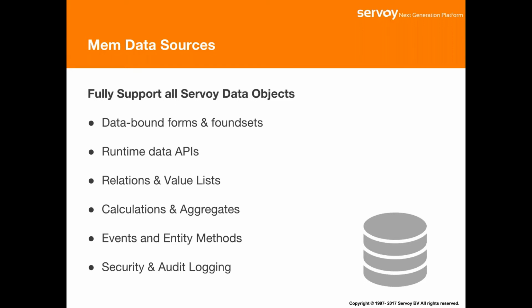Of course, you can build relations and value lists. We saw relations and calculations going on in the example I showed. So I had relations from one memory data source to another. You can have relations between real data sources and memory data sources. It's quite flexible. One thing I didn't show on the update was where that originally triggered from.